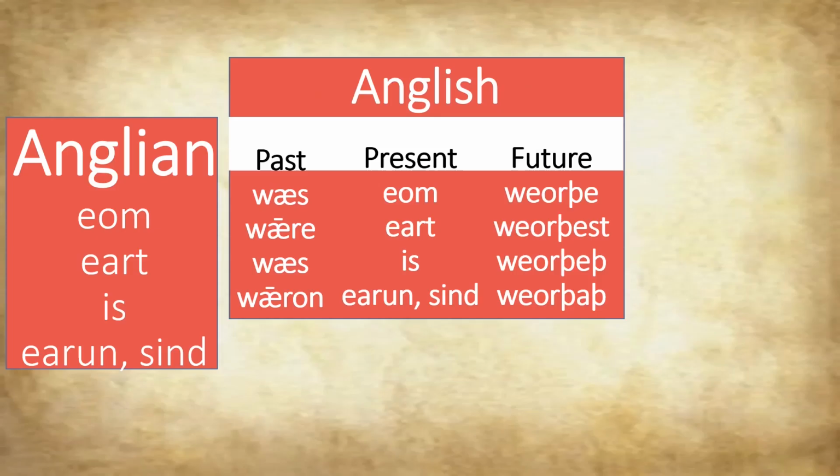And for the sake of why nots, if you will, this is what full Anglian would look like, to my imagination anyway. You don't have the Saxon B form. You just have werdan, just your future to be, and you have your present in R form, or if you will, S form, and you have your past form of was, were, was, and weron.